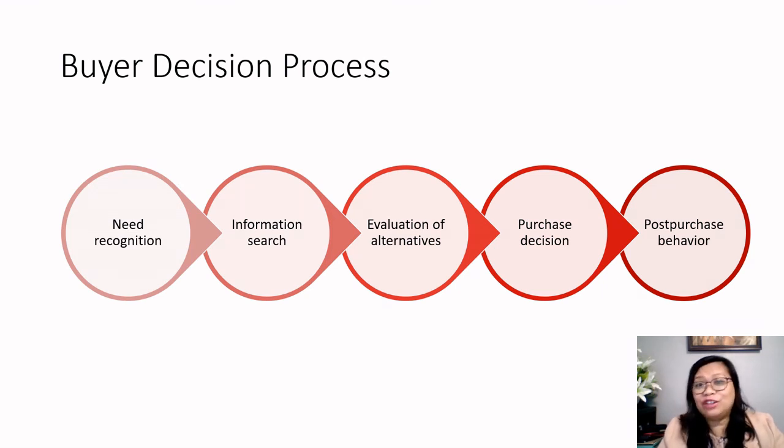If the product falls short of expectations, the consumer is disappointed. If it meets expectations, the consumer is satisfied. If it exceeds expectations, the consumer is delighted. The larger the gap between expectations and performance, the greater the consumer's dissatisfaction.